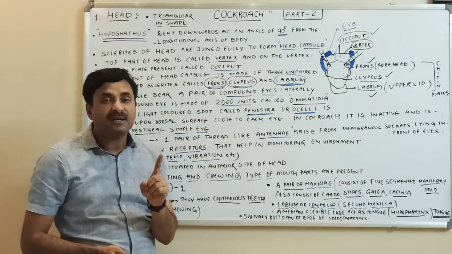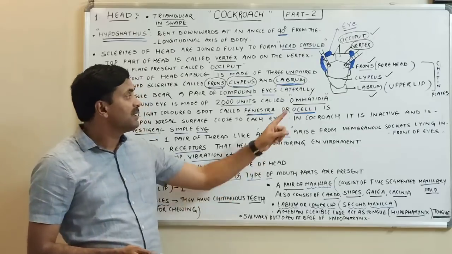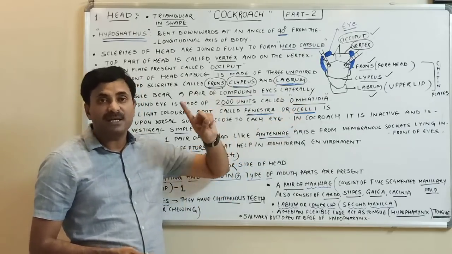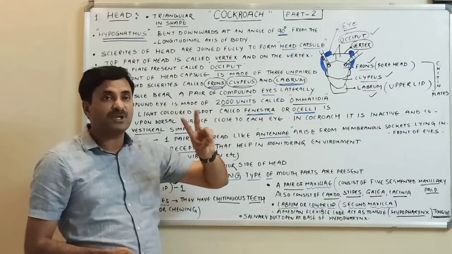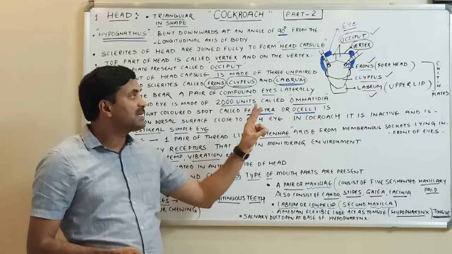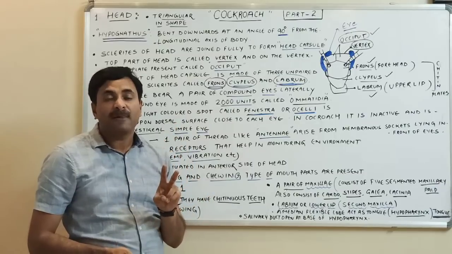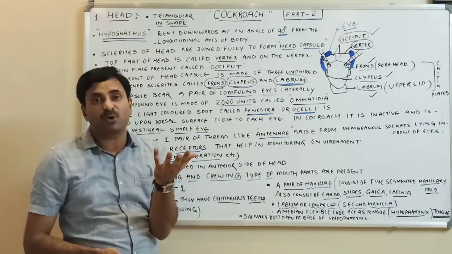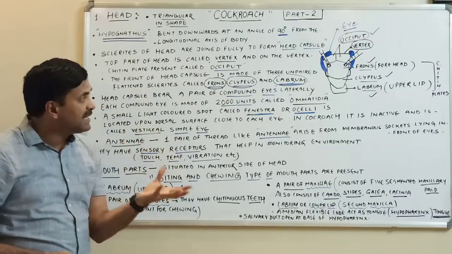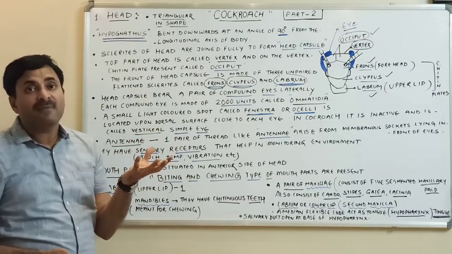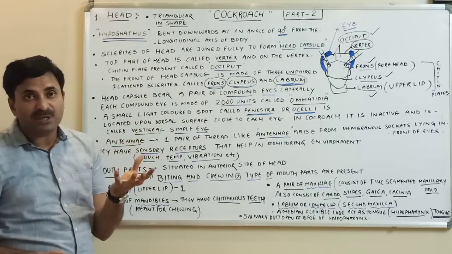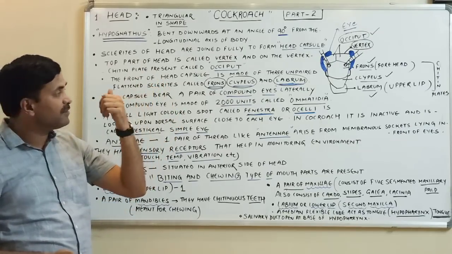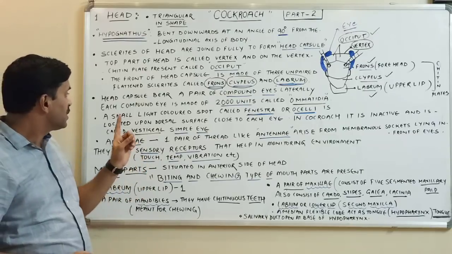These units are called the ommatidia. Later on, when we discuss the eyes of the cockroach, we will see that the ommatidia are important for vision, and we will discuss the ommatidia also.